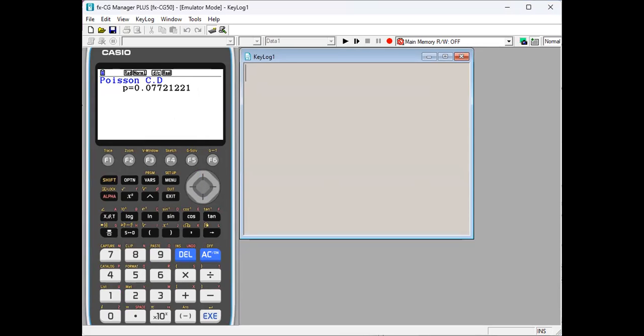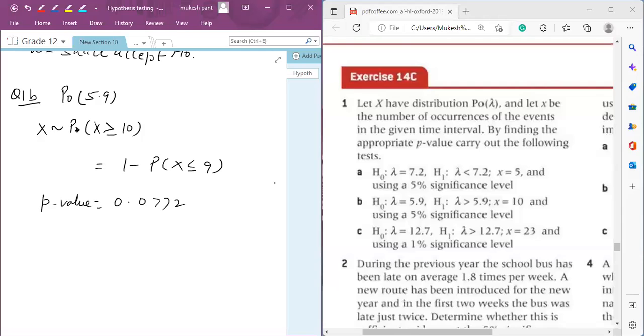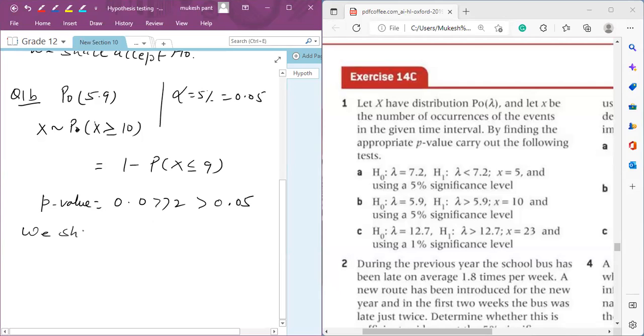We will note down this one. So you can see this is 0.0772, and the significance level again is 5%, which means 0.05. As we can see, 0.0772 is greater than 0.05, so the p-value is greater than the significance level. It means we shall accept the null hypothesis.